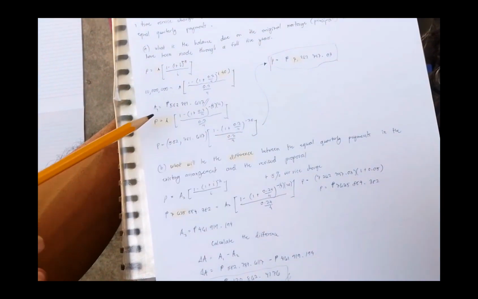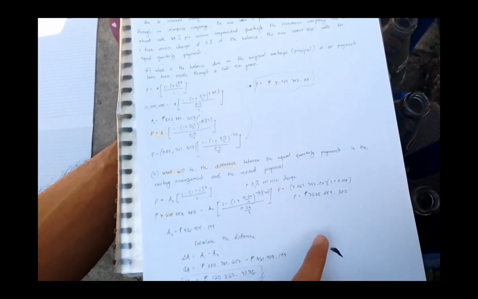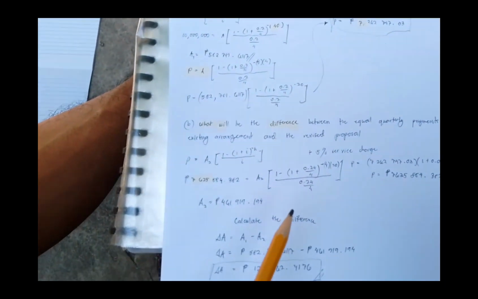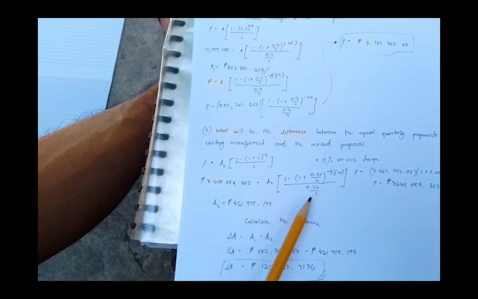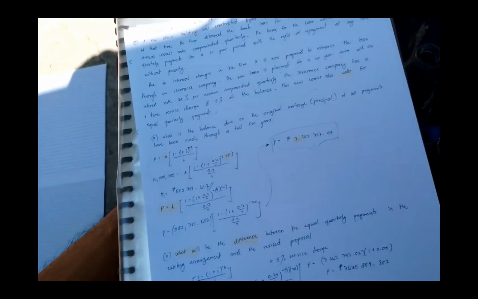There are changes here since the payment period is different: the time is different, and so is the nominal rate. Then all over 0.24 over 4. And then our A2 is 461,919.194 pesos.